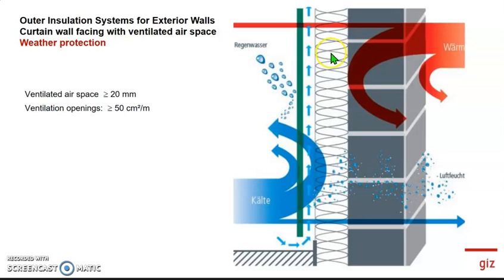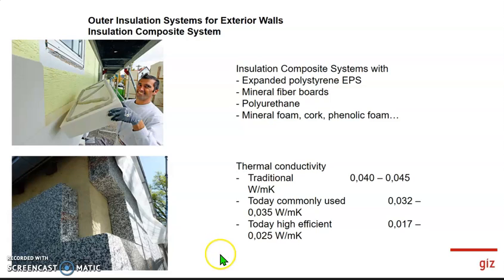This is actually then protecting the wall, and there are different ways to do that. Here we have, for example, a different material used. Here it's just gluing it. Here the same, just gluing it, a very thick insulation. Here they have an insulation composite system, that's the one here, and I want to show you that a little bit on the next slide.